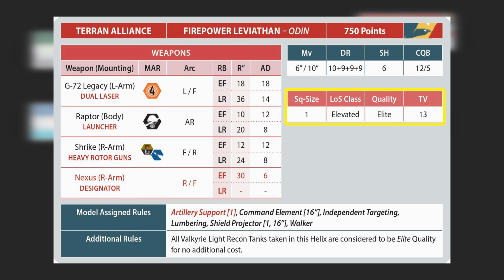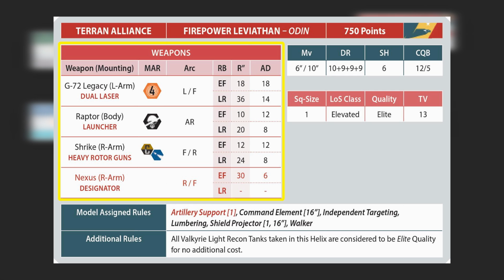And next to that we have quality, which can be elite, regular or militia. And finally on this row we have TV, which isn't the number of channels that this model can pick up, but it's actually the tactical value, which is the number of points that your opponent will get for destroying the squadron.